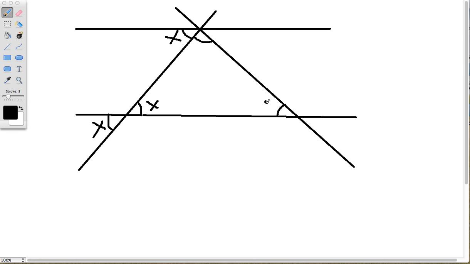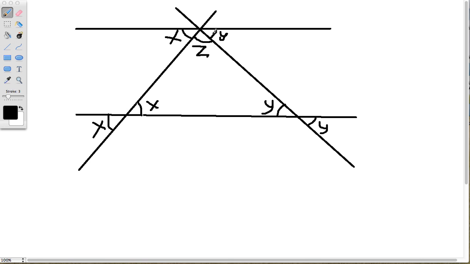Let's call this y. So this one that's opposite it is also y. And since this is on the bottom side, this one over here on the bottom side is also y. And let's call this one z. So this is x, this is y, this is y, this is x, this is x.